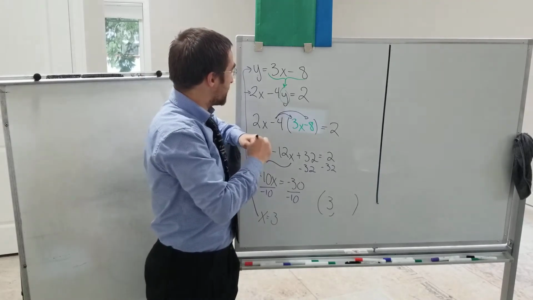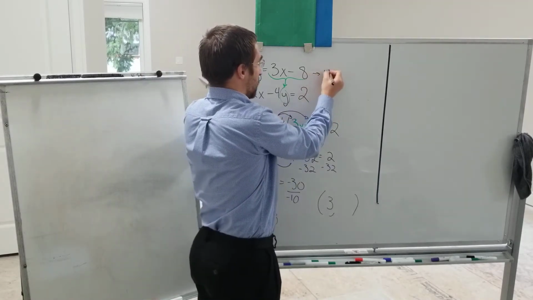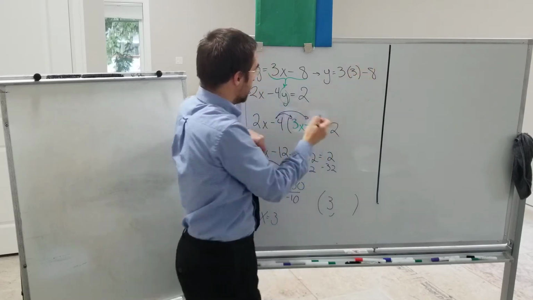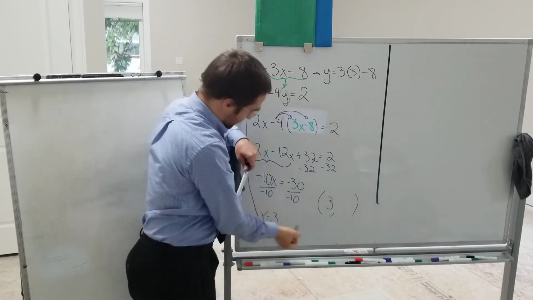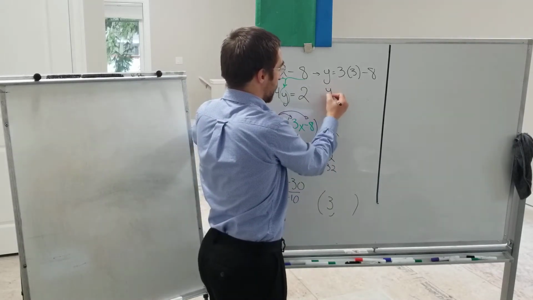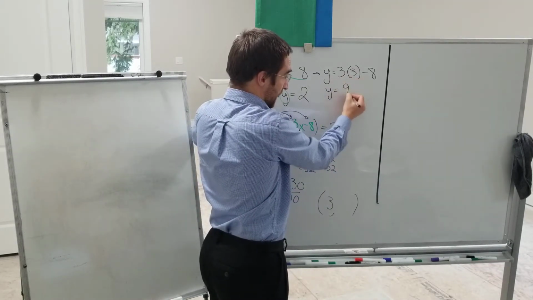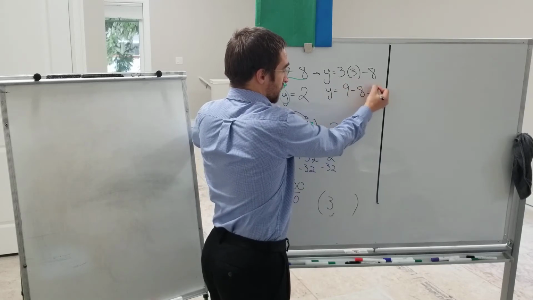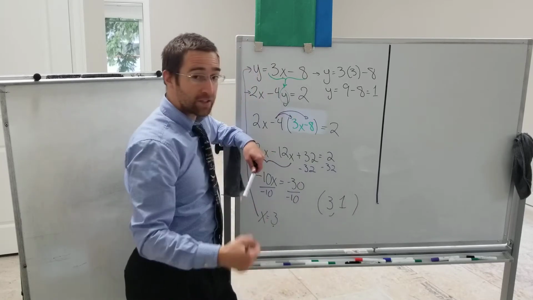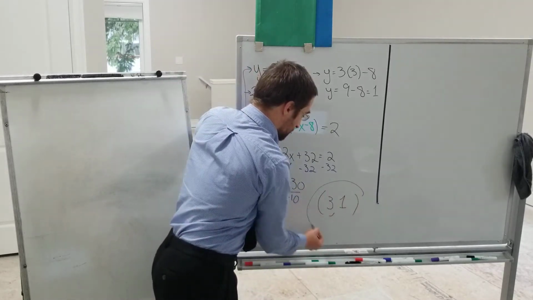We're going to say, well, x is 3, so then y equals 3 times 3 minus 8, because I replaced the x with a 3, with what it's equal to. So here I get y equals 3 times 3 is 9, minus 8, which is 1, which means the y value is 1. The x value is 3, the y value is 1.